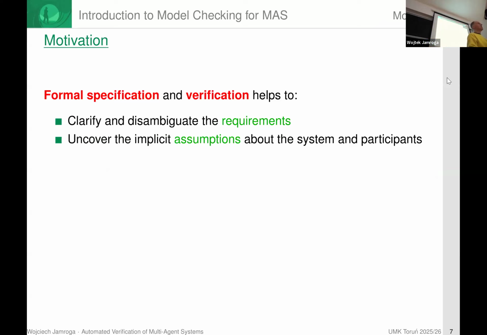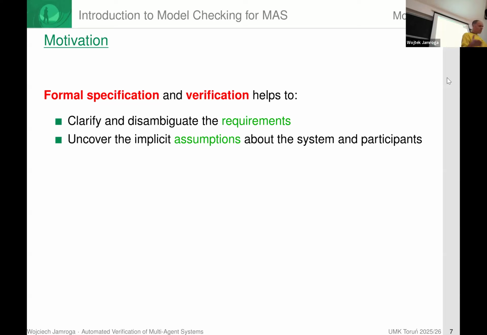So let's say we are designing a satellite communication and coordination protocol, and it should satisfy properties like whenever a satellite tries to coordinate with another satellite, the other satellite responds in a finite time.